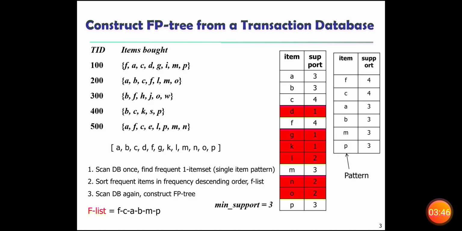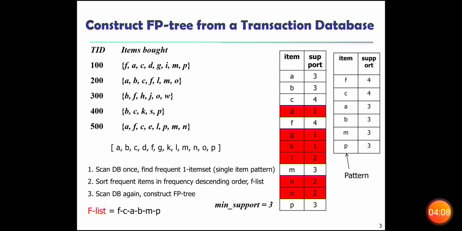Likewise, for all the items we need to find the item support, which is created here as a table. On the right side you can see item support, with the items on the left and the corresponding support counts.